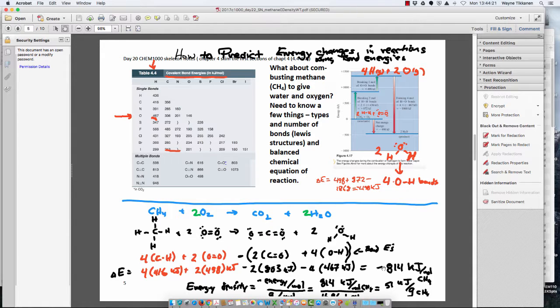The energy per mole is the number we computed up here. The grams per mole of the fuel, which is methane, is the molar mass of the fuel. So we take 814 kilojoules per mole of methane and divide that by 16 grams per mole for methane, and we end up with 51 kilojoules per gram of methane as the energy density.